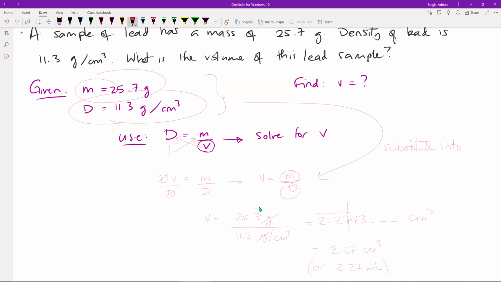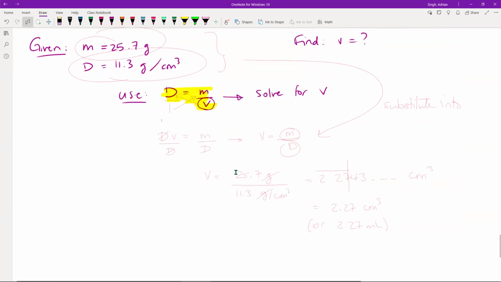All right, so the density equation itself is fairly simple in terms of the three variables that are there. We need to be able to manipulate this, rearrange it to solve for any of the variables that we see in there. Now, another way you can approach this problem is if we're given these few things.